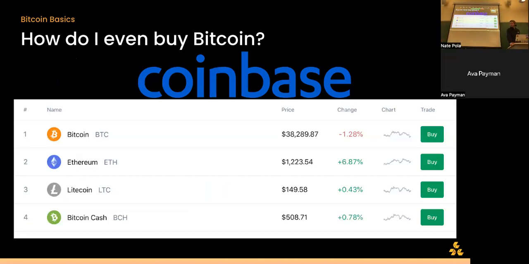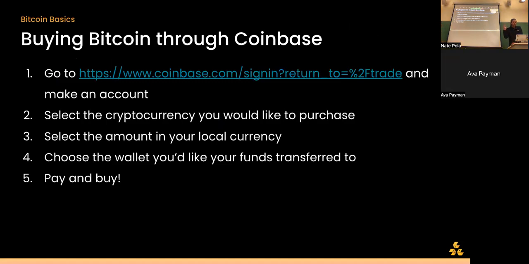Just real quick, saying a little bit over again for those interested who want to go home and try it out, say buying $50 worth of Bitcoin or some kind of cryptocurrency. You can just get a Coinbase account, and it's pretty straightforward. You make an account, select whatever cryptocurrency you want to buy and the amount in your local currency, then specify the wallet address where you want these funds sent, and then you pay for it and buy it.